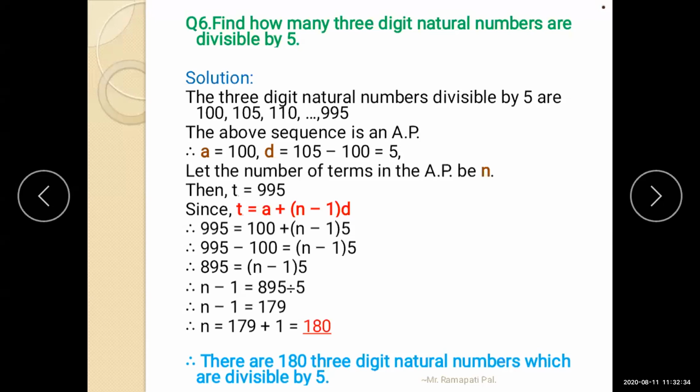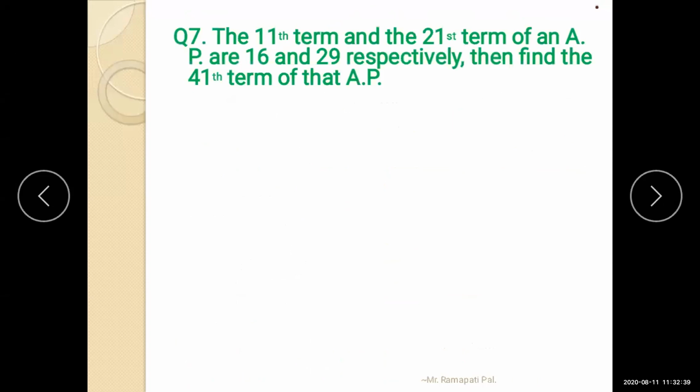Okay. Now, question number 7. The 11th term and the 21st term of an AP are 16 and 29 respectively. Then find the 41st term of that AP.